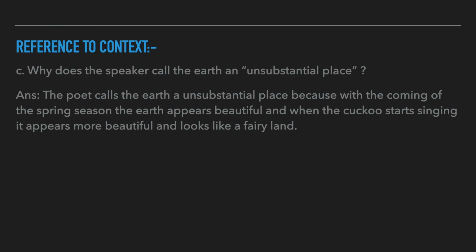Why does the speaker call the earth an unsubstantial place? Because it becomes already beautiful in the spring season, and with the song of the cuckoo, the earth appears more beautiful, like a fairyland, a fit place for a bird with a melodious voice like the cuckoo to live in.